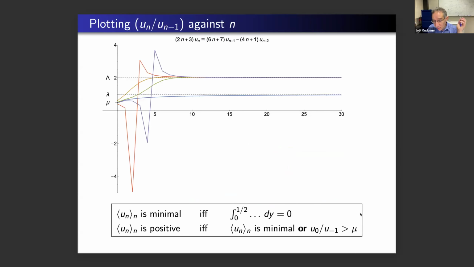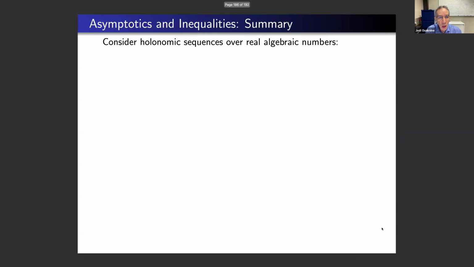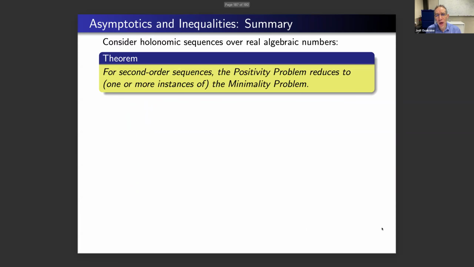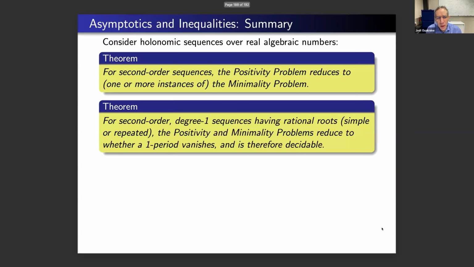And u_n is positive if either u_n is minimal or the ratio of the first two consecutive terms is strictly greater than mu. And again, you can decide that if they're greater than mu, eventually by numerical approximation you'll be able to prove this. Okay, so just to summarize, if you consider holonomic sequences over real algebraic numbers, for second order sequences, the positivity problem actually reduces to the minimality problem.